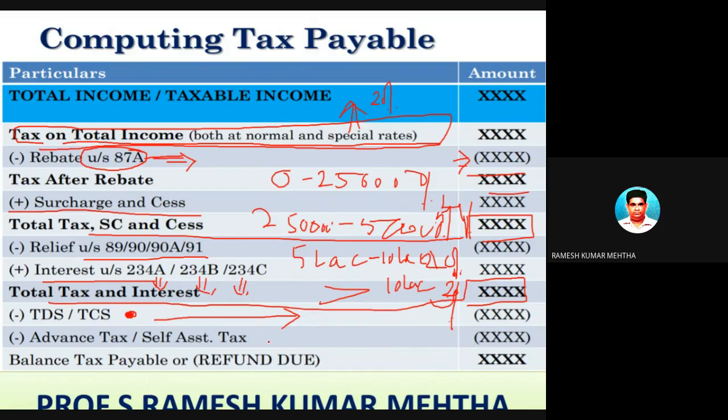After you have deducted tax deducted at source, which you have already paid because of tax being deducted at source on various incomes earned by you, then finally you will be allowed to deduct any advance tax or self assessment tax paid by the assessee, and then you will get the balance tax payable, or if it is a case of a refund due, you can file for refund. So this is the format which has to be followed for computing the total income and the total tax paid and payable. Hope you have understood it.